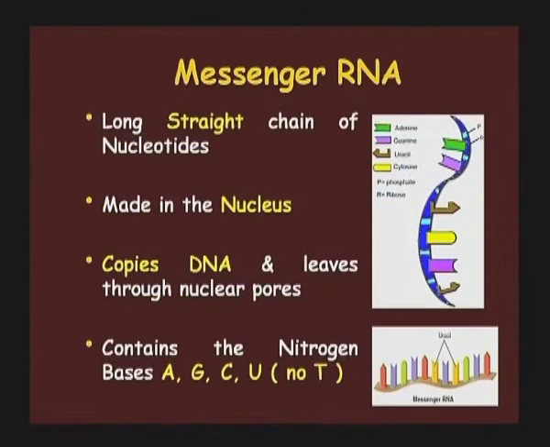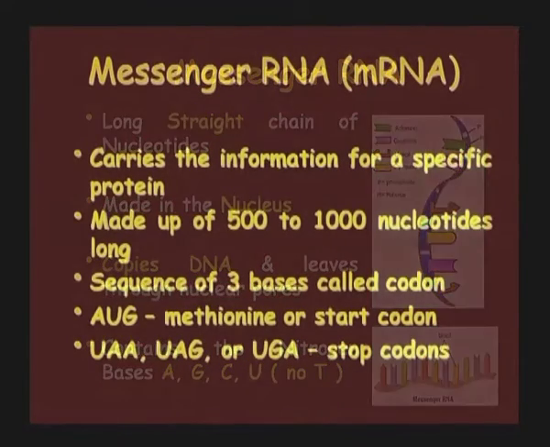The messenger RNA is a long straight chain of nucleotides. It is made in the nucleus. It copies DNA and leaves through the nuclear pore, and it contains the nitrogen bases A, G, C and U instead of T, that is adenine, guanine, cytosine and uracil in place of thymine.